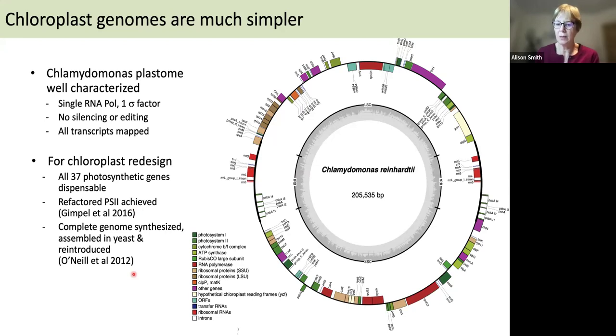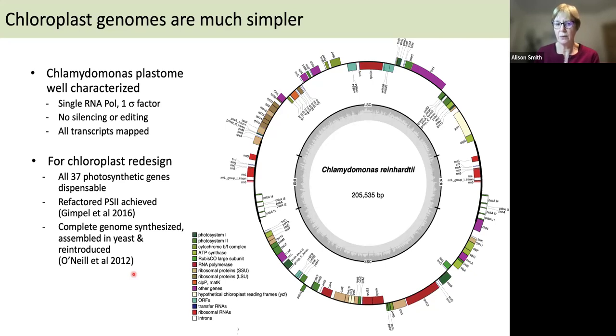But because it was the wild type genome, it was subject to considerable recombination because of the very active homologous recombination in the chloroplast. As a result, a chimeric molecule was obtained. So it wasn't really showing what the minimum genome could be.